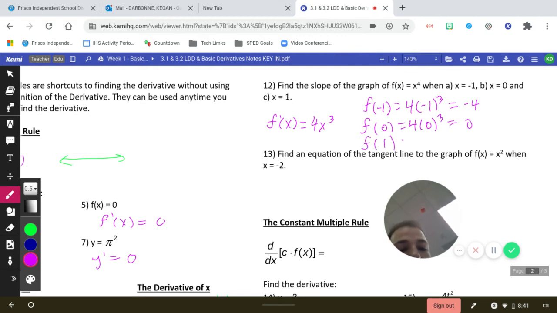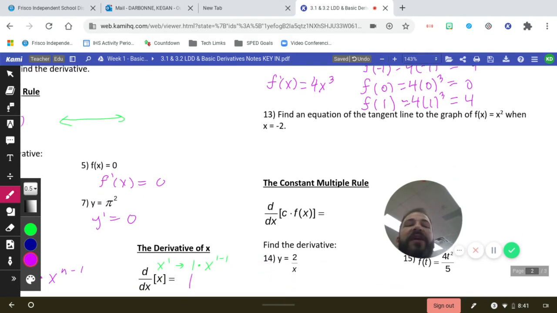And f prime of 1 would be equal to 4 times 1 cubed, which is equal to positive 4. So those are my slopes at all those various values. See how the derivative gives me the slope of f of x at any point. So I just plug a point into my derivative equation to get the slope of the original function.